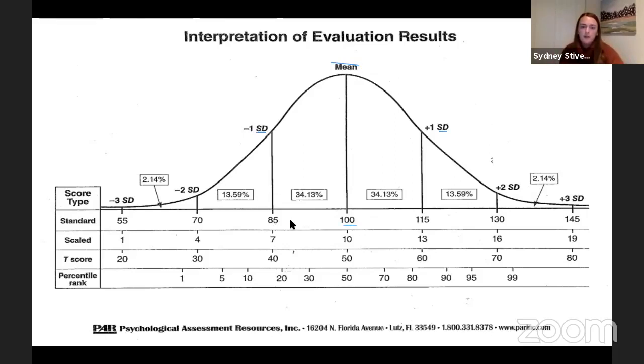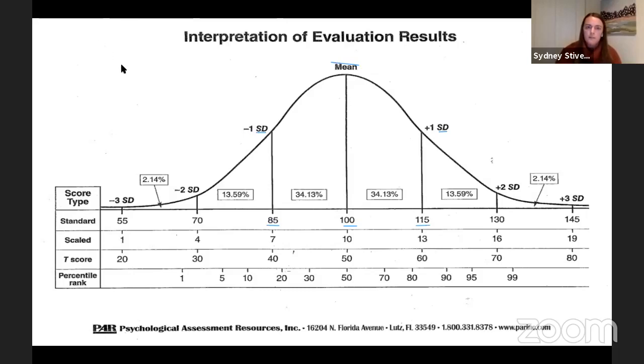So for standard scores, one standard deviation below or above the mean is 15. And since the average score is always 100, scores one standard deviation above and one below are considered average. So scores between 85 and 115 are considered in that normal range.